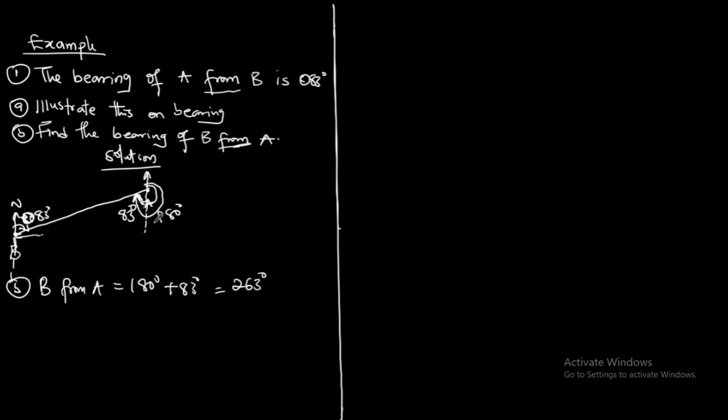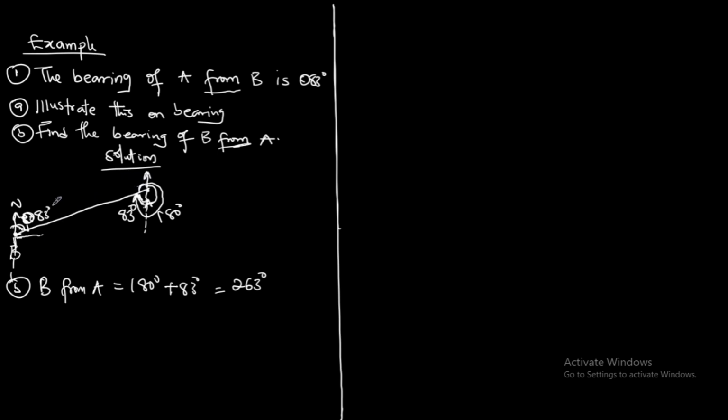Now, another way in which you can find the bearing of B from A is, since both of them are parallel lines, two angles on the same line are supplementary. So this angle and this angle are supplementary.